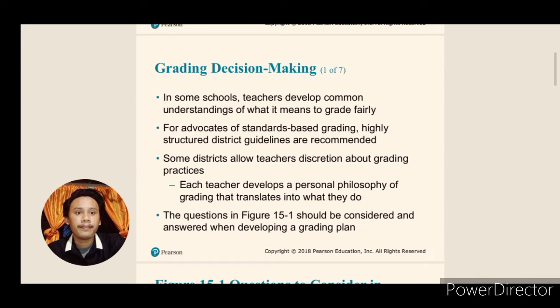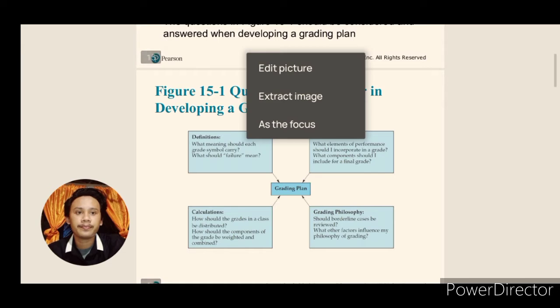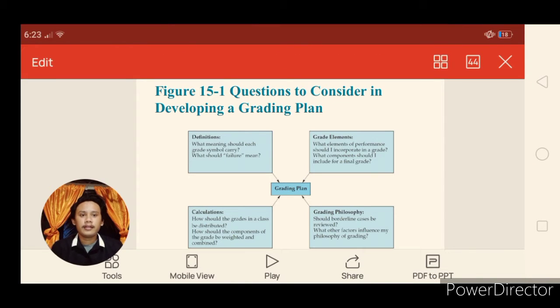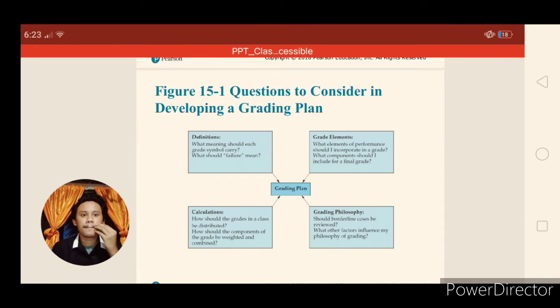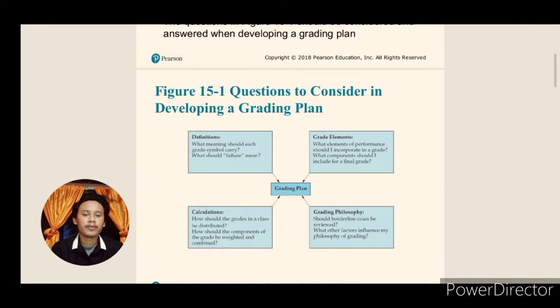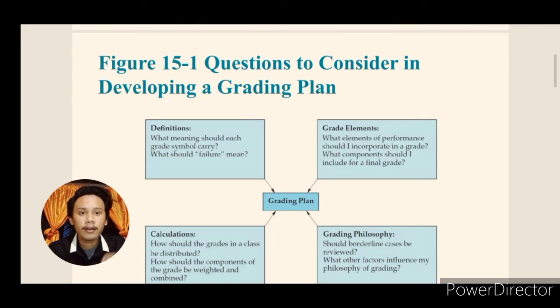Now let's proceed to developing a grading plan. In developing the grading plan, there are a lot of questions to be considered. First, for grading definition: what meaning should each grade symbol carry?